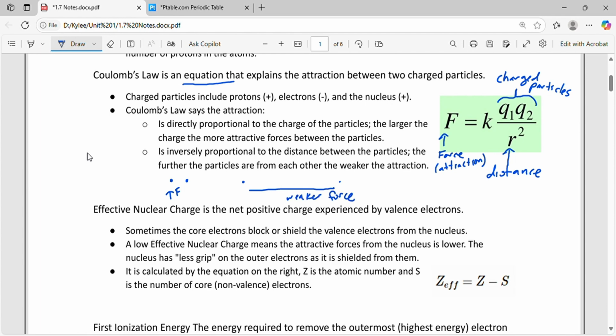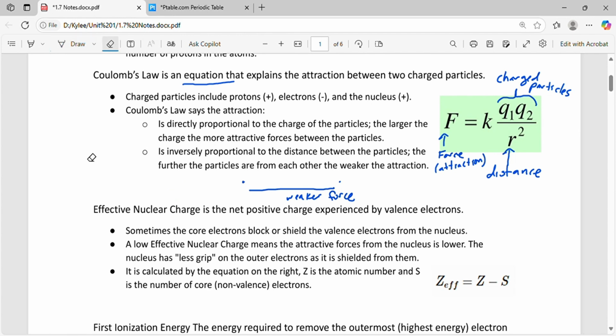Turns out that this actually can explain a lot of what we see going on in the periodic table, as well as the trends and how the atoms behave, not only when they interact with other ions, but also how they behave chemically. The only part of this equation that I haven't talked about is K, and K is a constant.